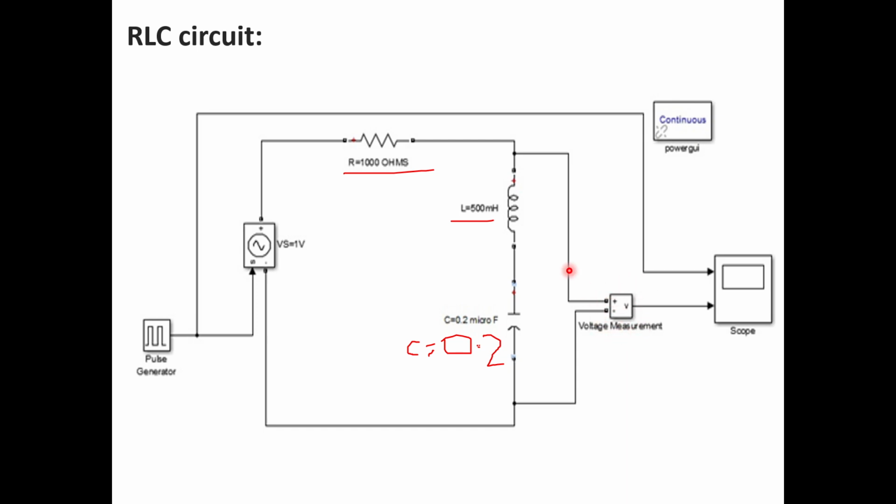So the voltage measurement is connected across LC, and the output of this voltage measurement is given to this scope. When you debug and run this MATLAB Simulink block, you can see both the input voltage as well as the output response by double clicking on this scope.